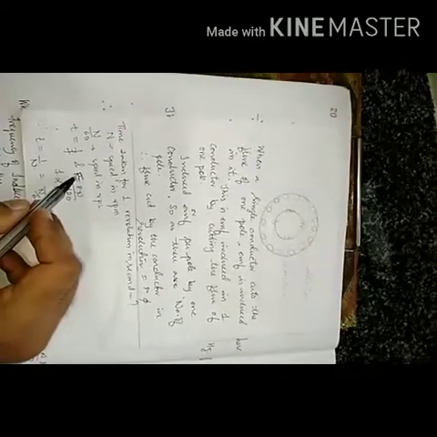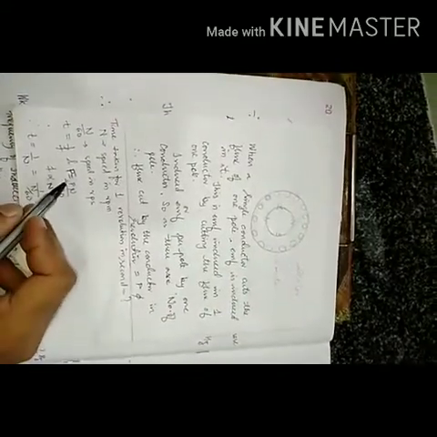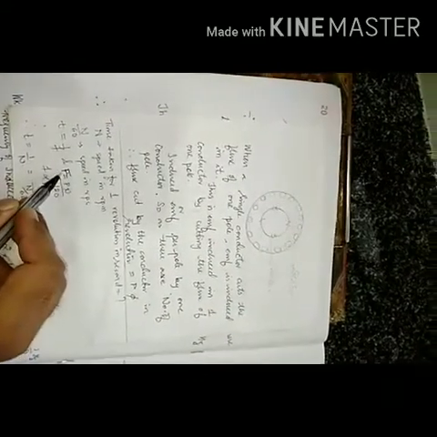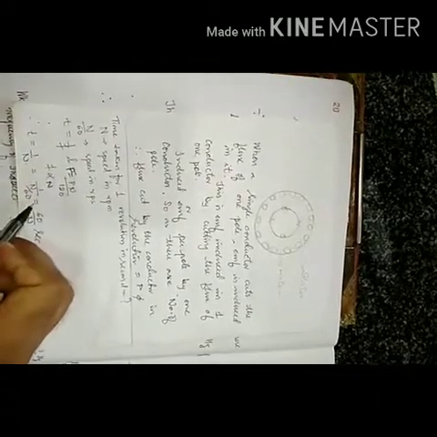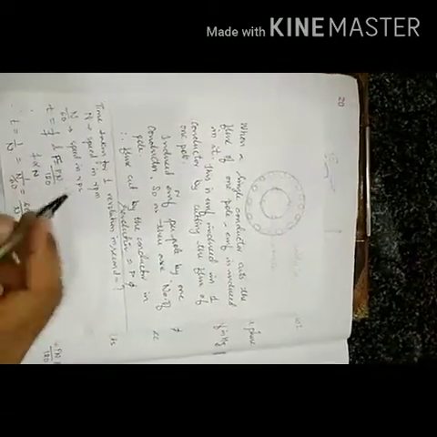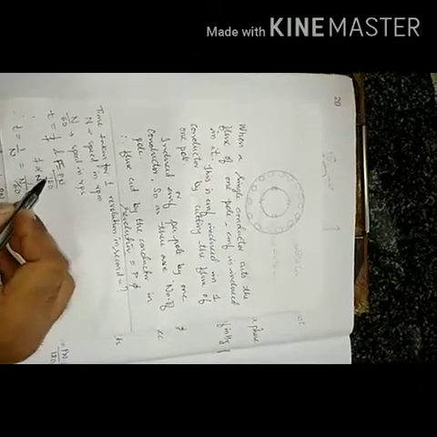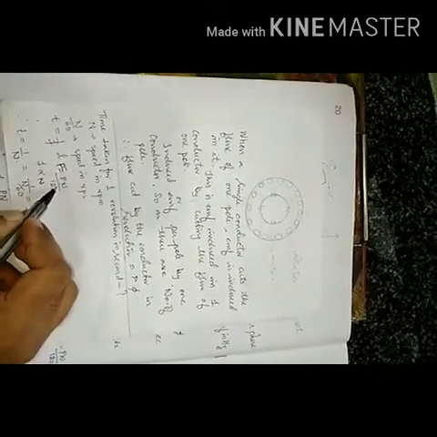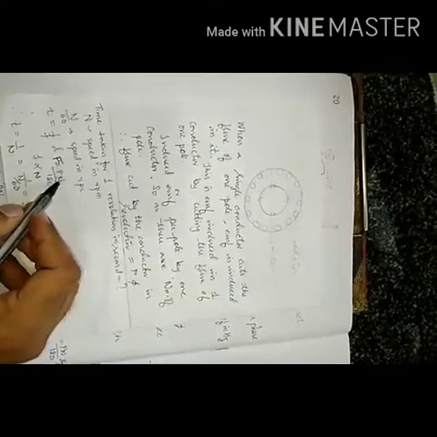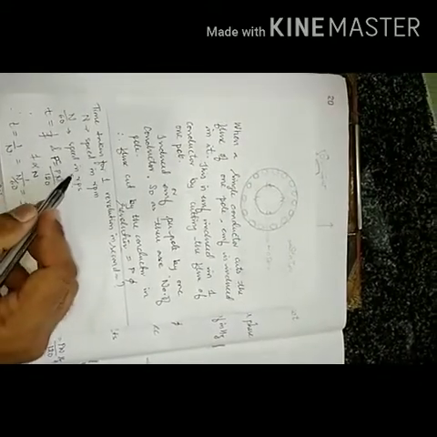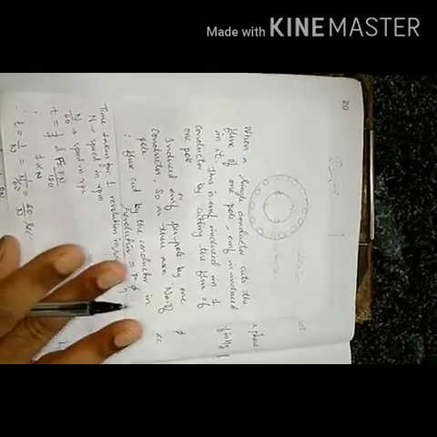We also know that the frequency of the induced EMF is given by f is equal to PN by 120. Here the poles will remain constant, and the number 120 will remain constant. The only things that vary are frequency and speed.